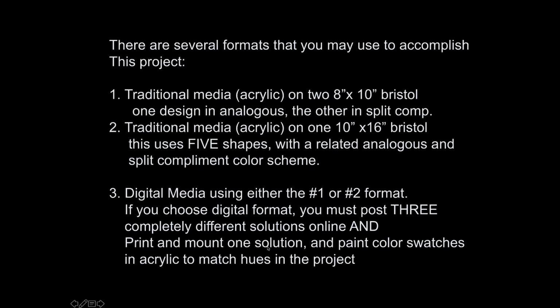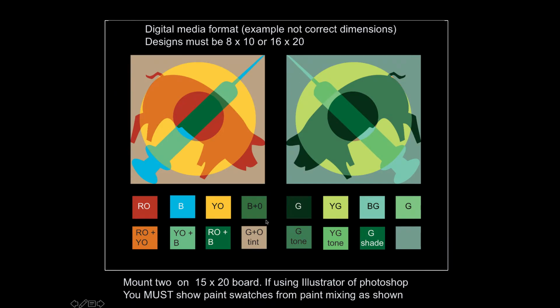Okay, so here is an example of the project. This demo I did an 8 by 8, so that's wrong. Don't get confused by that. But basically, when you do it digitally, then you will generate these painted swatches of all the hues that are in here, right?